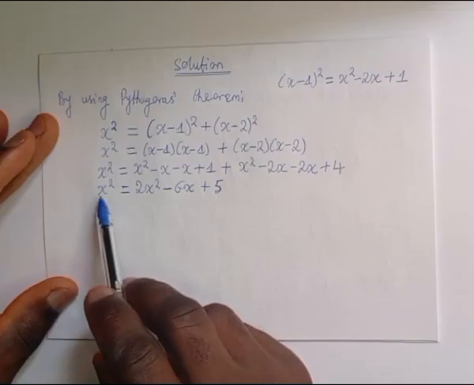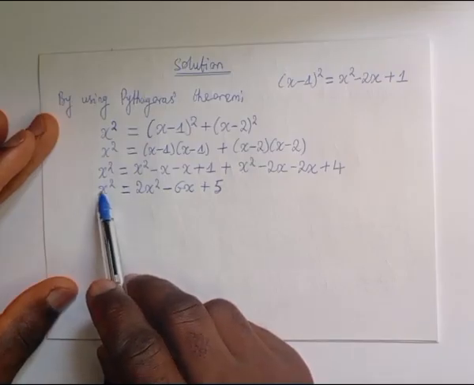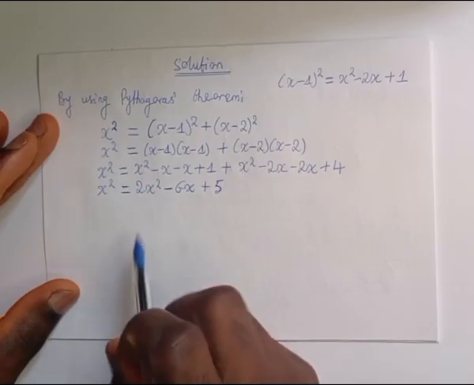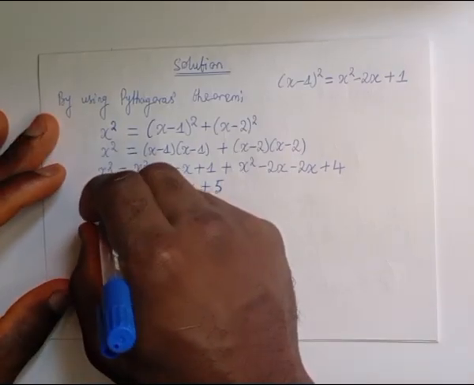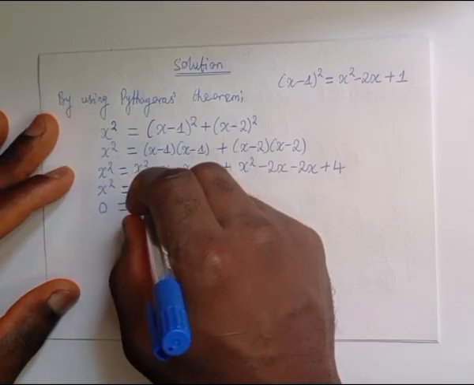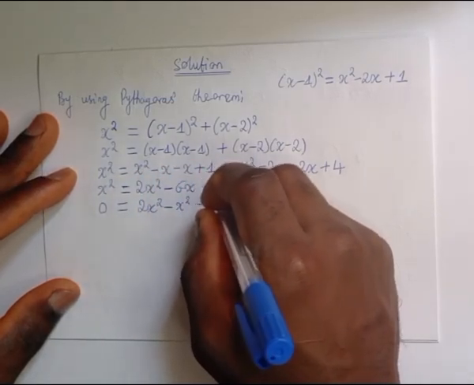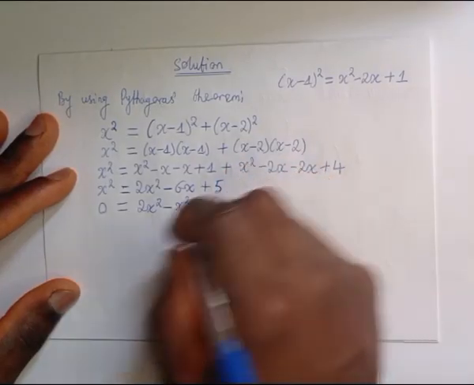Next, we are going to transfer x squared at the left hand side to the right hand side of the equality sign. We'll be left with 0 equal to 2x squared minus x squared minus 6x plus 5.